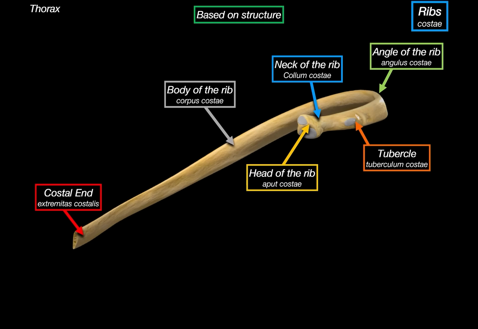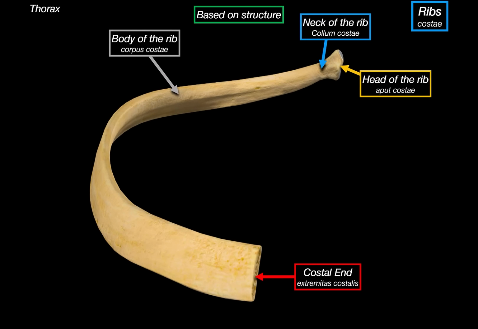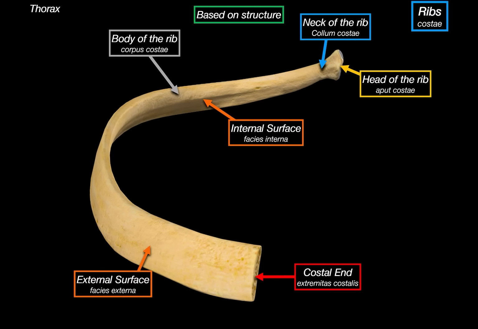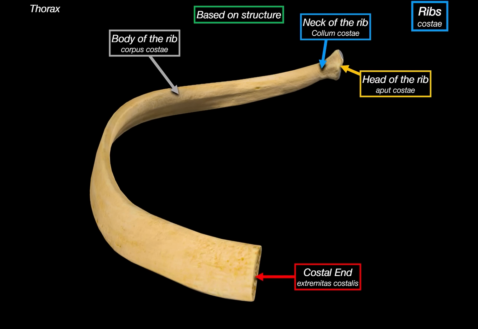Following that, we get to the long portion called the body or shaft. It's thin, flat, and curved, forming most of the rib's length. The rib has an internal surface facing the thoracic cavity and an external surface facing outwards, serving as an attachment site for thoracic muscles. On the internal surface of the body, near the inferior border, we see a shallow groove called the costal groove.